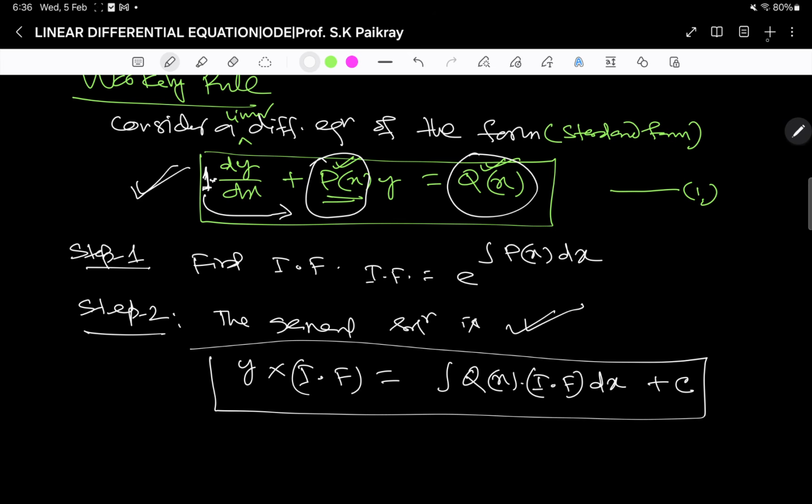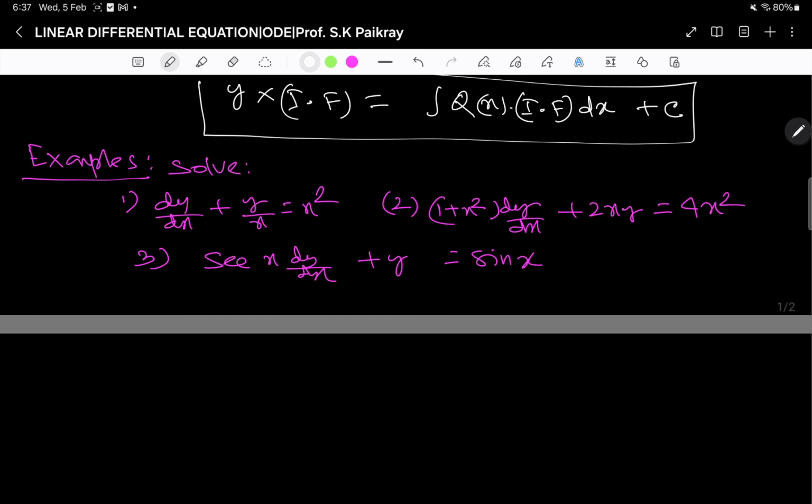Let us solve some examples. Now let us solve the following 3 linear differential equations. Coming to solution 1, you have dy by dx plus y by x is equal to x square.